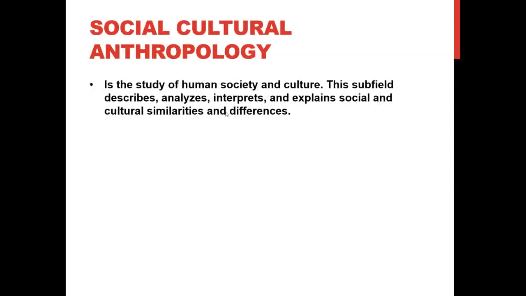Okay. All right. So, social cultural anthropology is the study of human society and culture. It describes, analyzes, interprets, and explains social and cultural similarities and differences. Pretty straightforward, right? If you remember from the second lecture, introducing the 4 fields, it more importantly shows us what is and what isn't human, right?